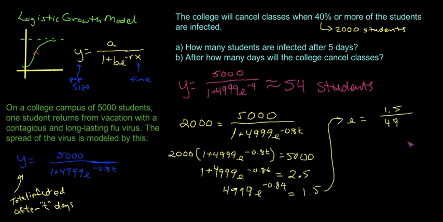And again, I could multiply or divide this out, but I want to keep it as exact as long as possible. So we're going to simplify over here. That e still has its exponent, negative 0.8t. So I'm going to do a natural log on both sides.